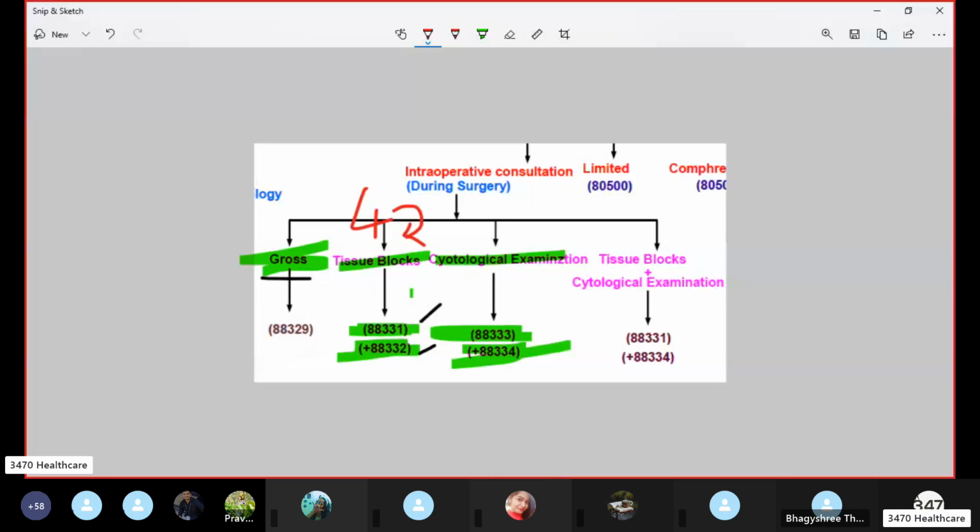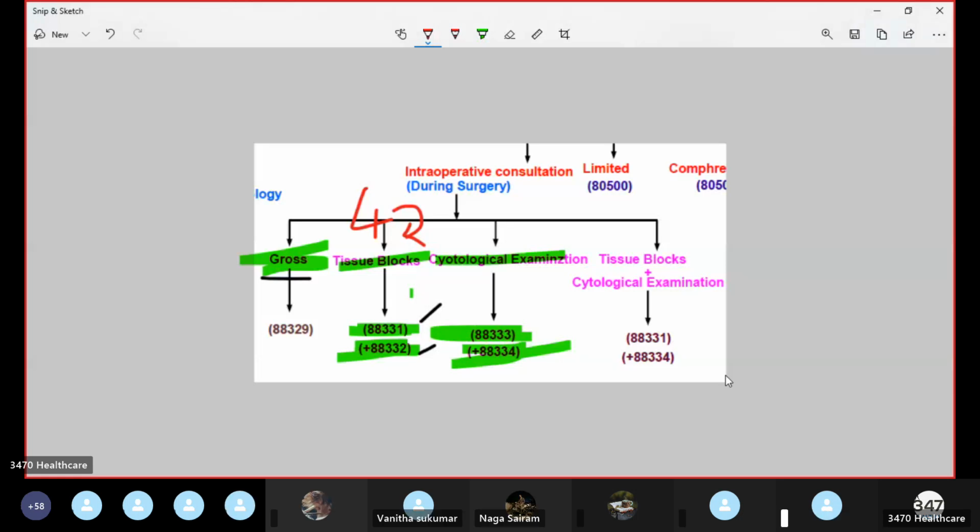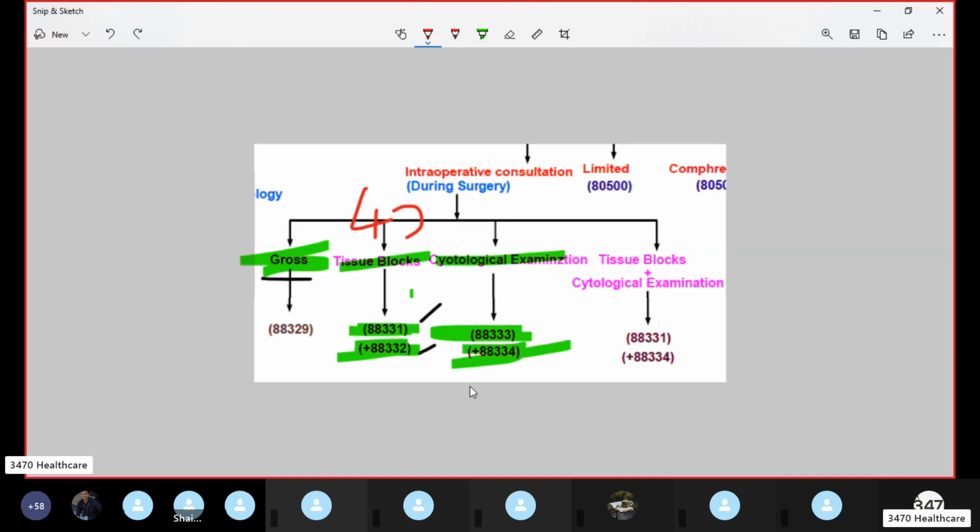What is the answer? 4 tissue block examinations: 88331, 88332 into 3. Yes, correct.